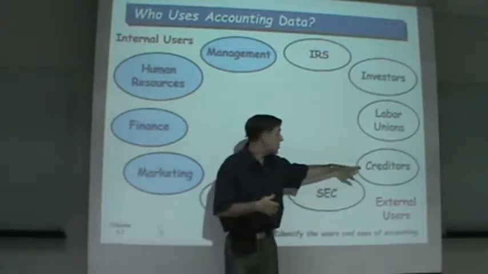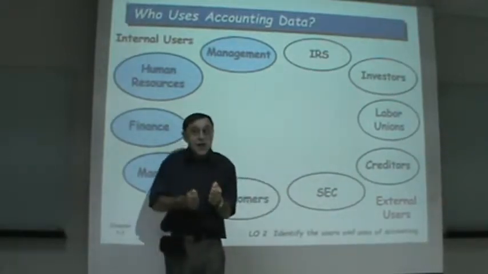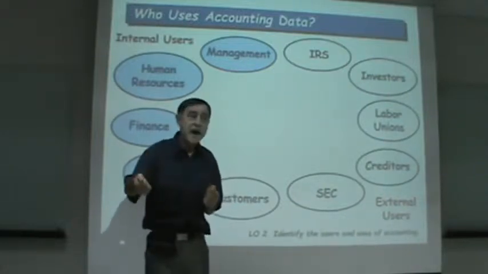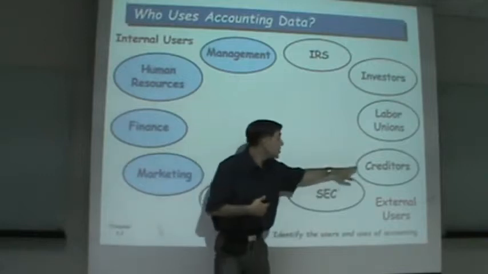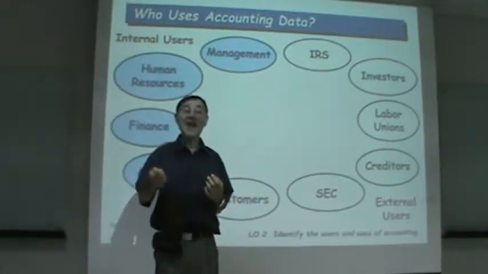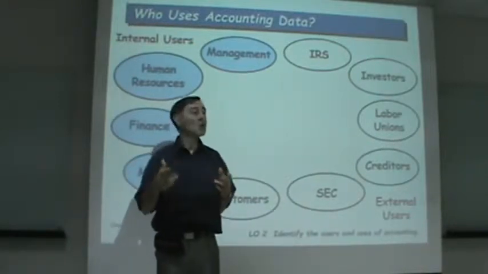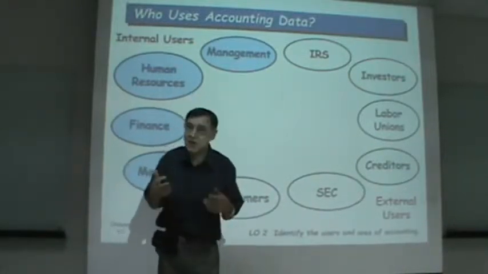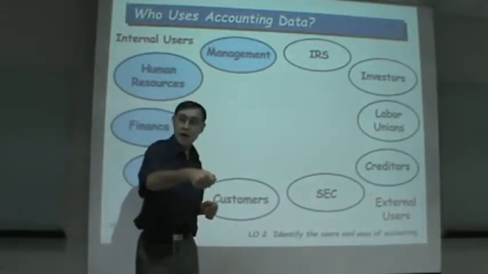Well, the next interesting party is the creditor. Creditor means you give money on loan, okay? So a creditor usually is the same as a lender. You lend money. You give them money. The most common type of lender is the bank. The bank lends money.